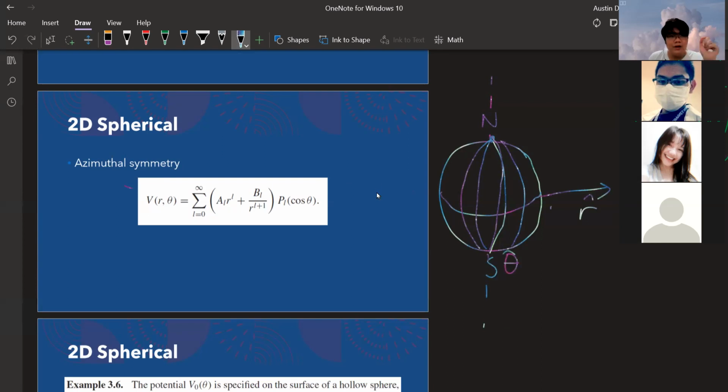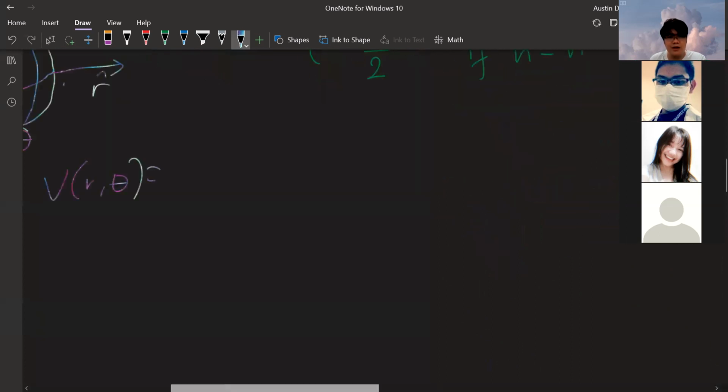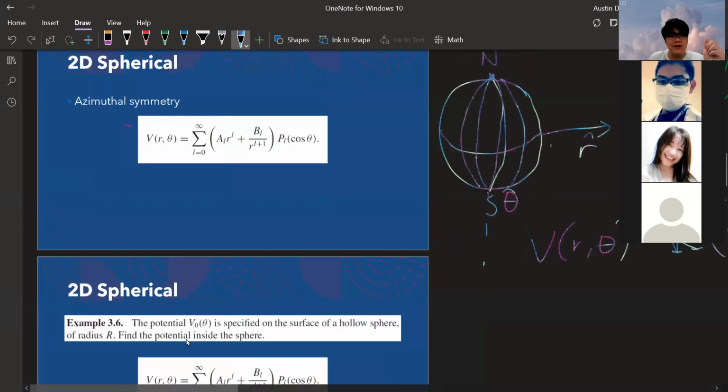Similarly, gagawin mo yung V of R theta must be equal to some R dependence, theta dependence, and then you'll plug in this to your Laplacian in 3D, in spherical coordinates, and then you do things na nasa libro nyo, then you'll end up with this.